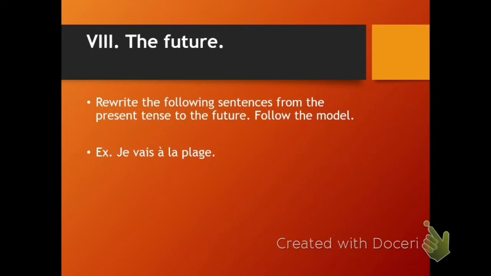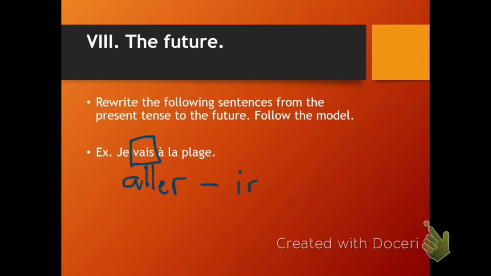So first off, what we need to do is obviously identify our verb. Our verb here is vais, which is the verb aller. So once we identify that our verb is aller, we need to next identify what our stem is for this verb. Because it's an irregular verb, we know that aller, the stem is ir. Right?